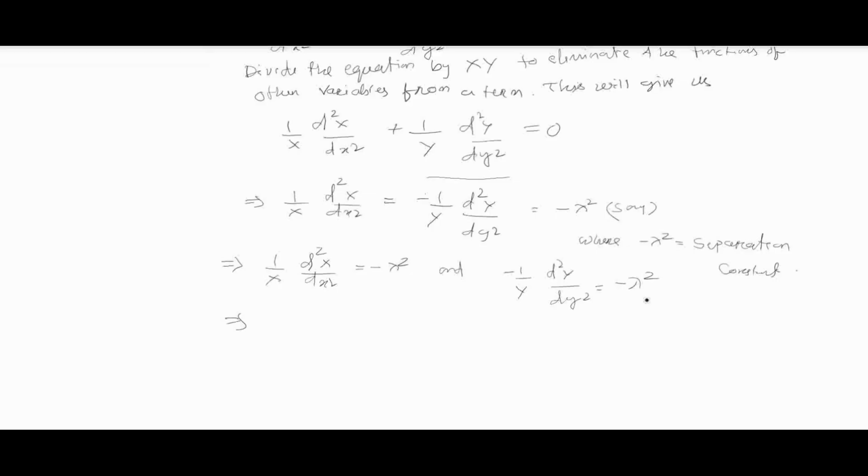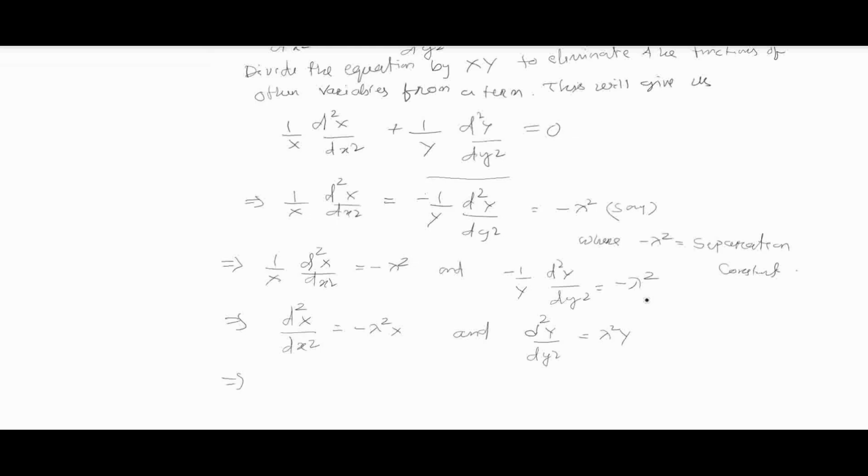That implies d square X by dx square is equal to minus lambda square X, and d square Y by dy square is equal to lambda square Y.